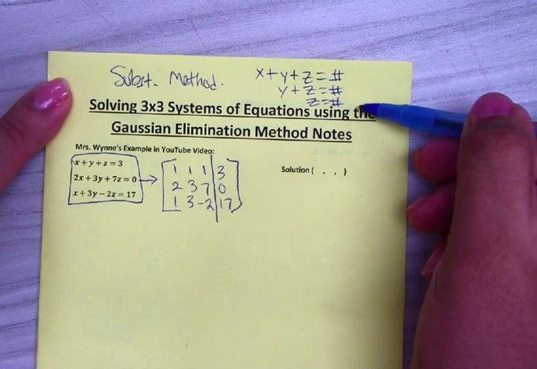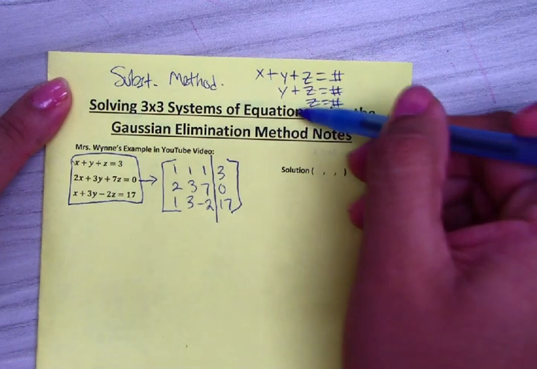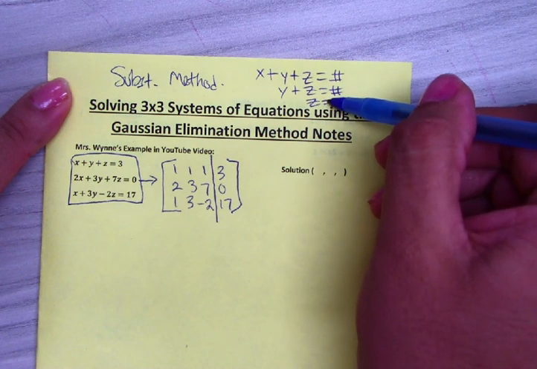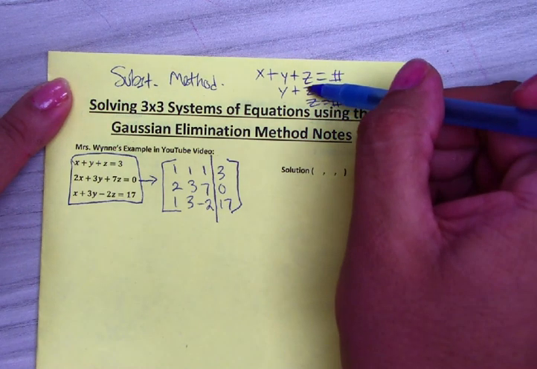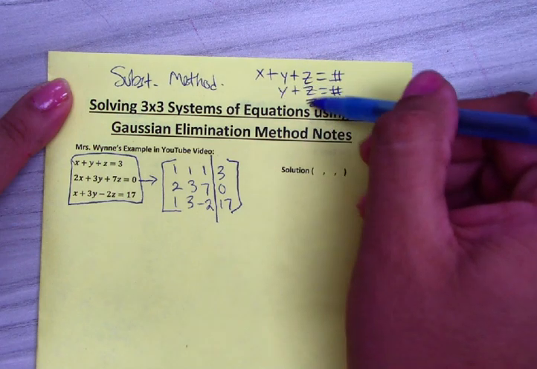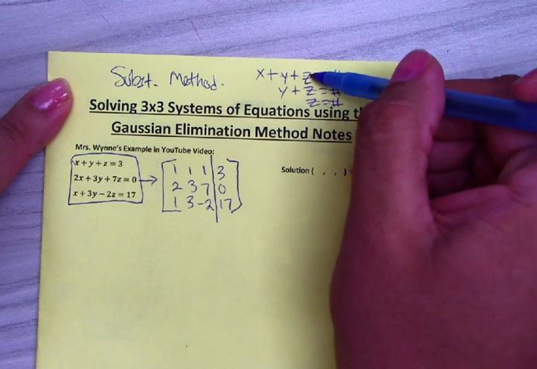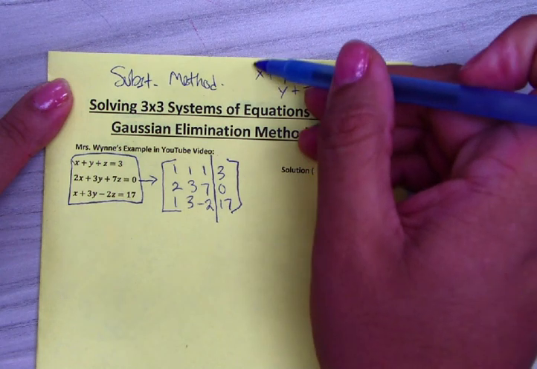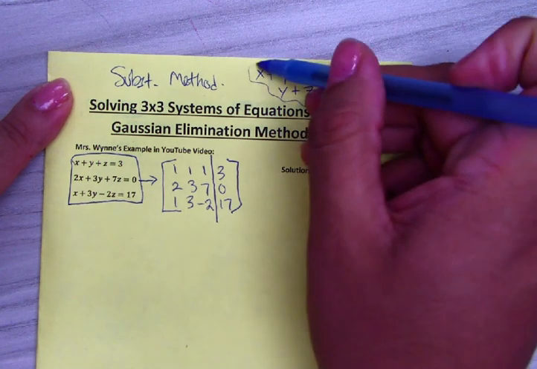This is best for the substitution method because you can easily identify one variable, and once you have it, you substitute it into the other, and then that helps you find the other variable. And once you have that, you substitute these two values into that equation to solve for the other variable. So this is ideal for the substitution method.